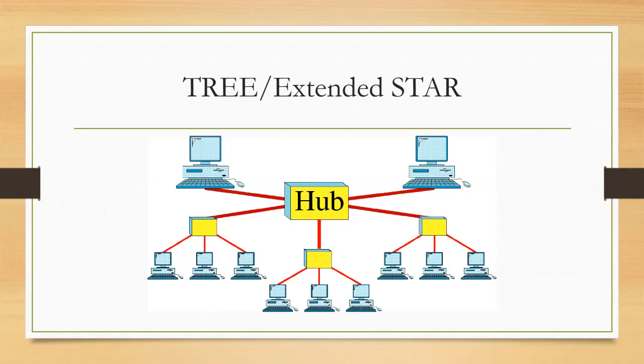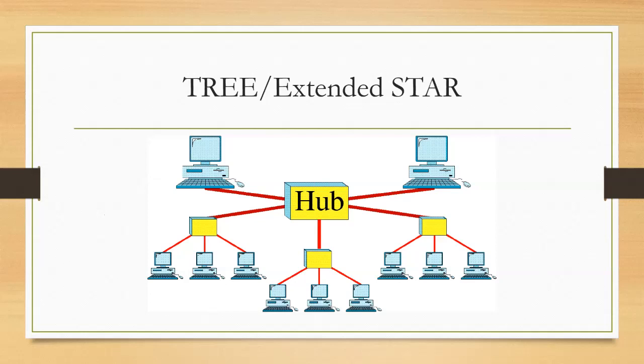We have another topology which is called tree topology, which is also known as extended star. As you can see in the diagram, we have various star topologies connected together through a hub or, again, a central controller. The boxes with yellow color are nothing but central controllers to which various stations are connected.